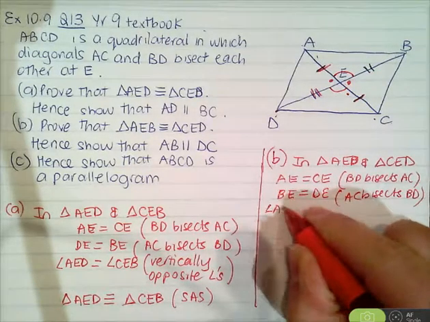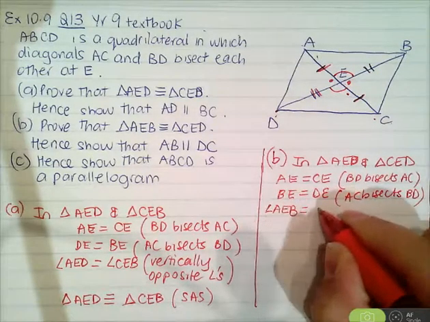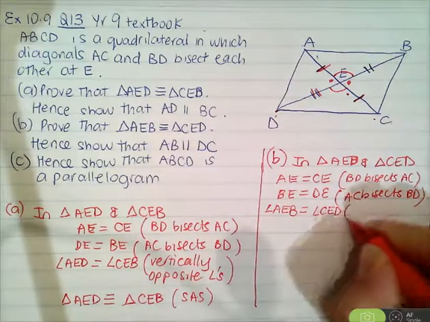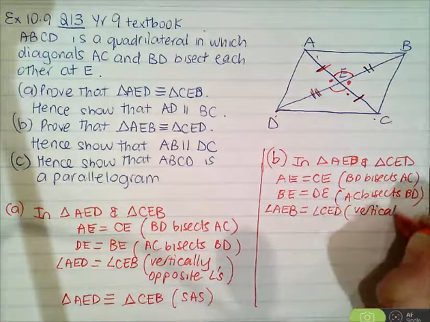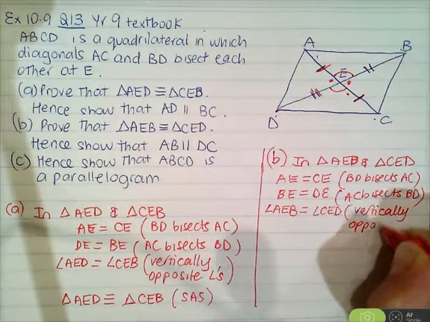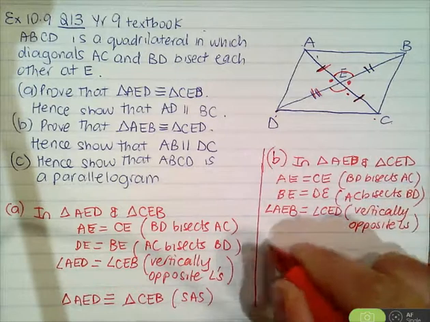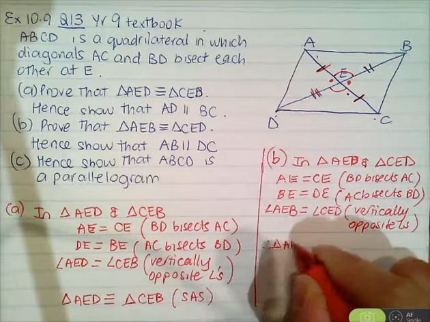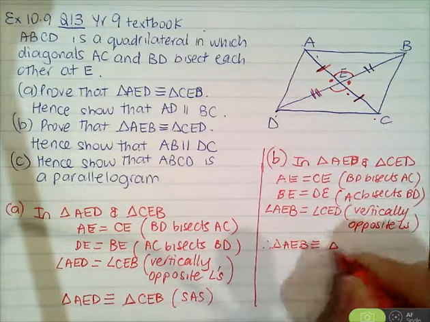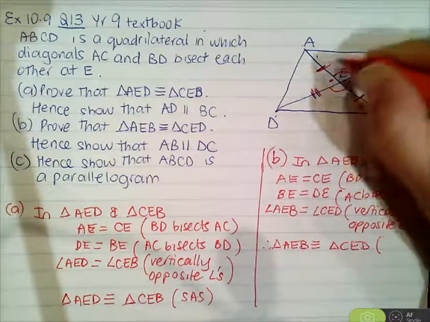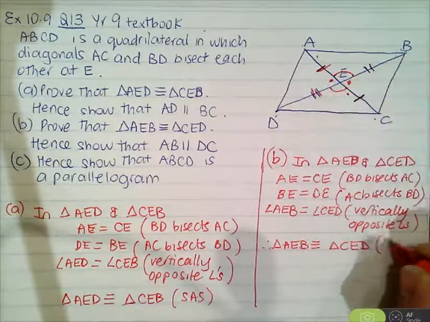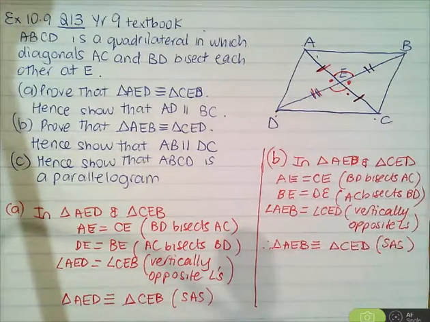So angle AEB is equal to angle CED, reason vertically opposite angles. So again, we can say, well, therefore, triangle AEB is congruent to triangle CED. And the reason we can see again, we've got SAS. So that's parts A and B.